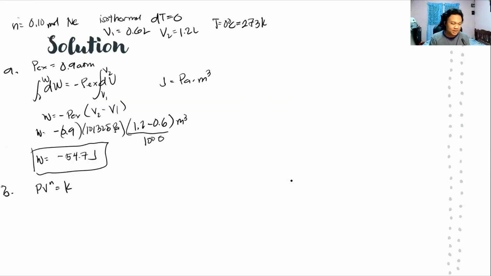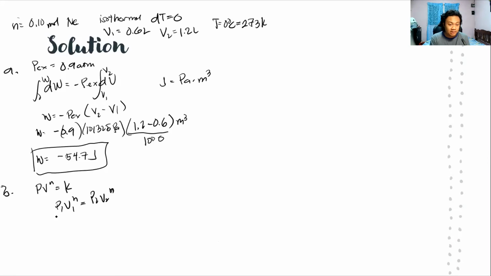So we can actually form a relationship, diba, or an equation to this to find our N. So what this actually means is that we have P1 V1 to the N is equal to P2 V2 to the N. Diba?